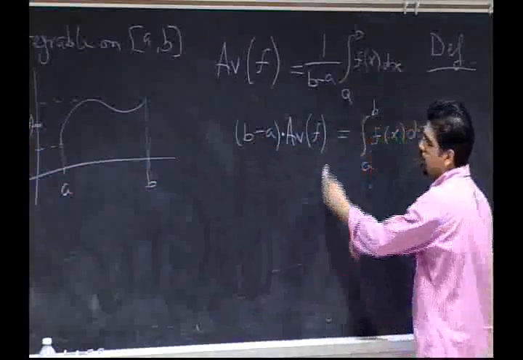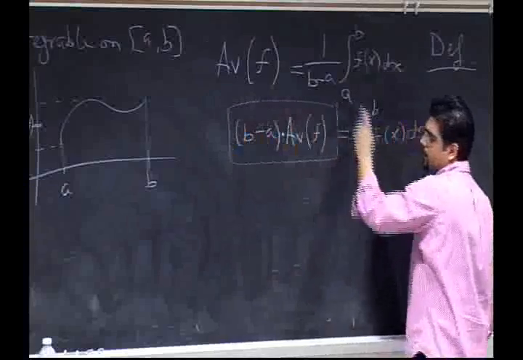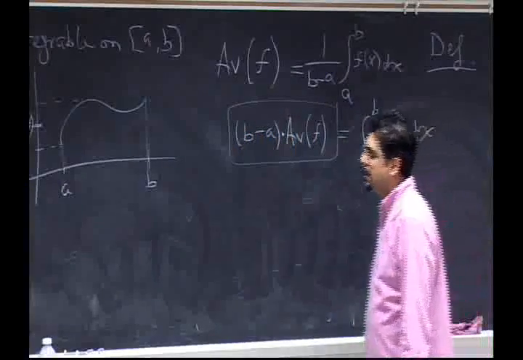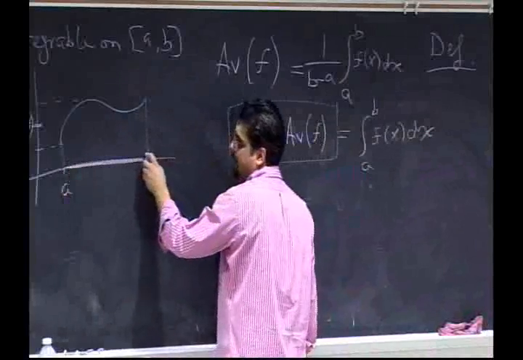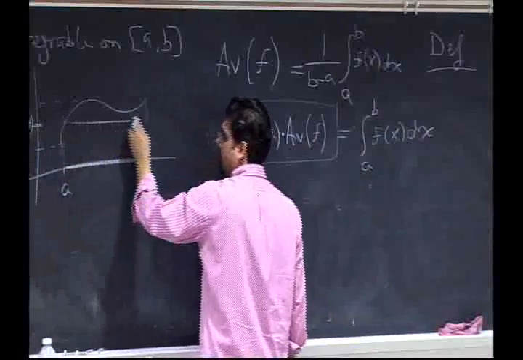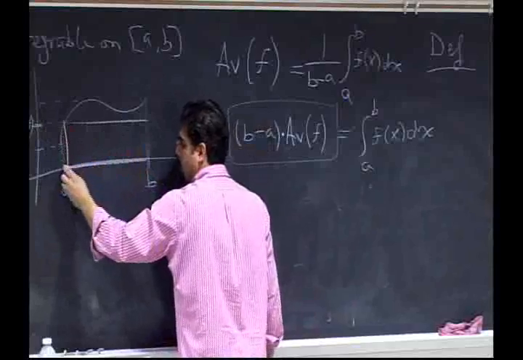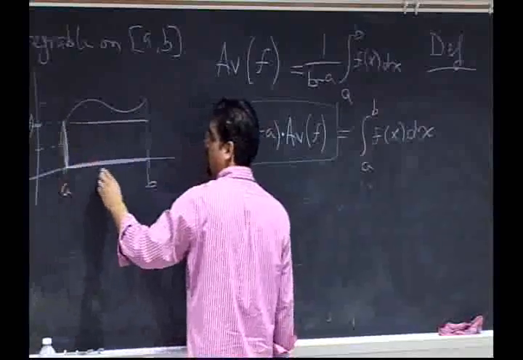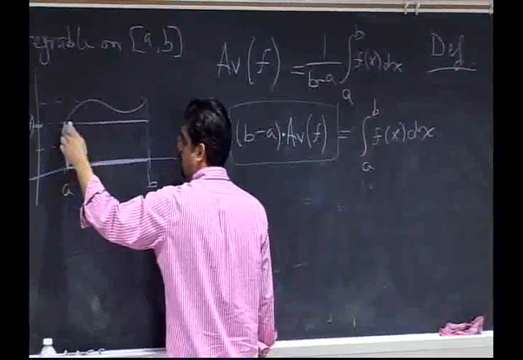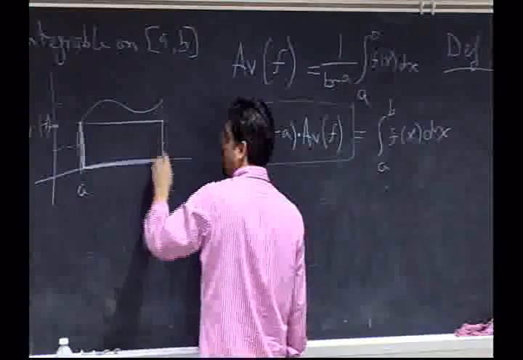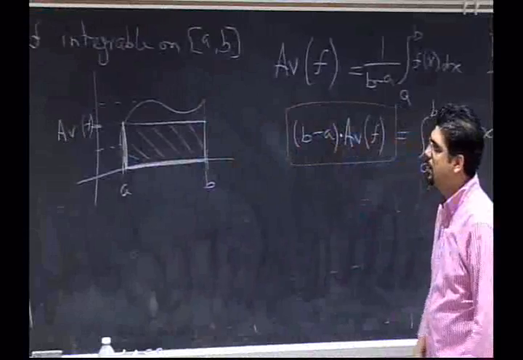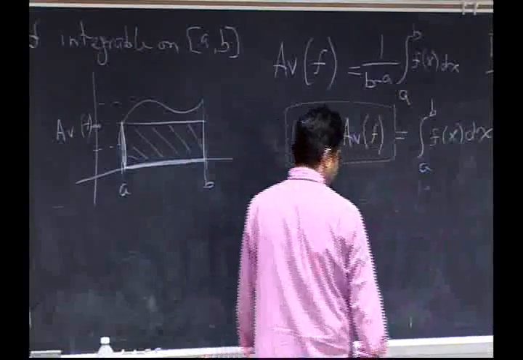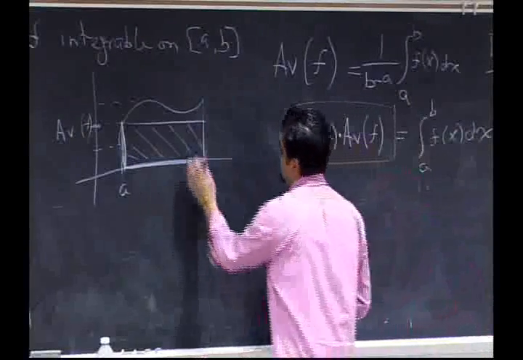What kind of picture can you draw to represent this quantity here? It's a rectangle. What's the base? And what's the height? That's the area. Actually, that's a really bad picture because that's not what the average value would be.